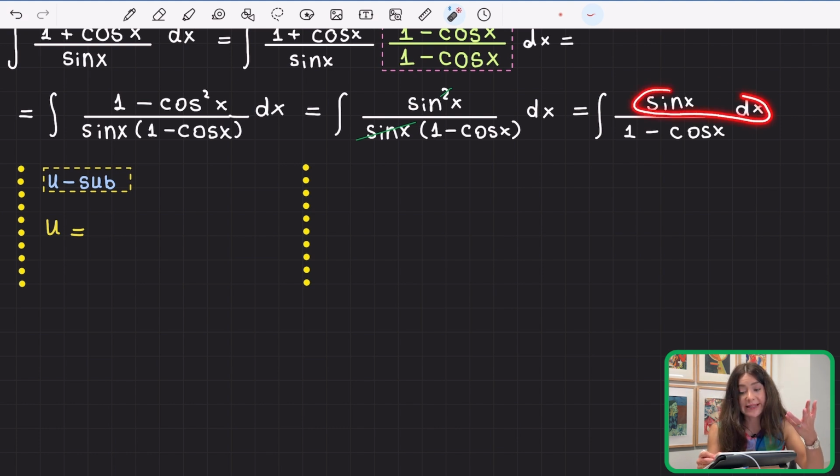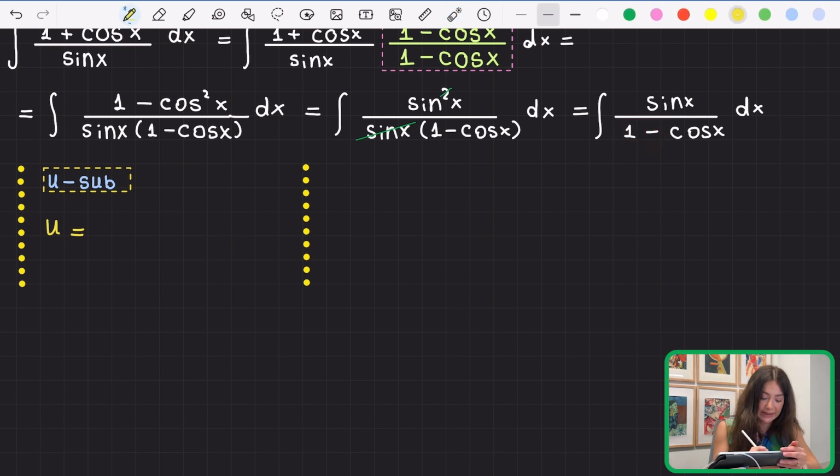You do have sine x dx sitting in the numerator. And you can probably tell that the derivative of cosine x is sine x. But also, I could have this whole expression, 1 minus cosine x, be u, because I know that after I take the derivative, which is du, I'm going to kill the constant, right? Because the derivative kills constants. So I will say that the entire denominator is u.